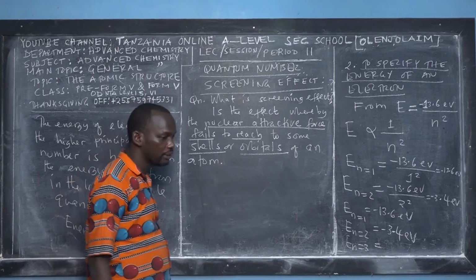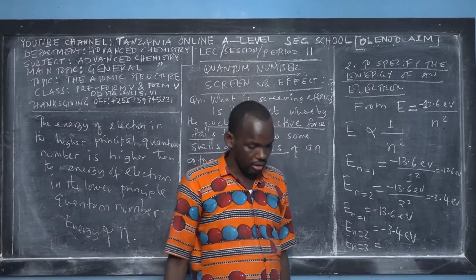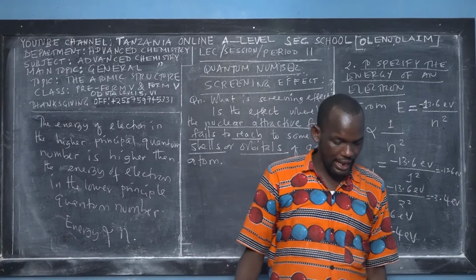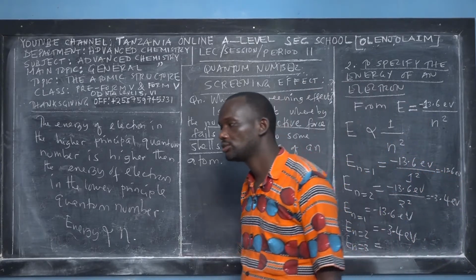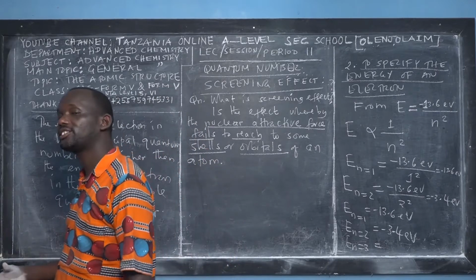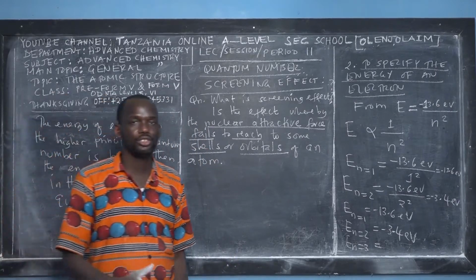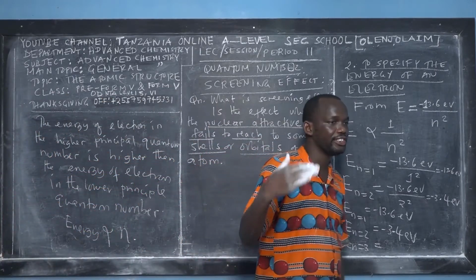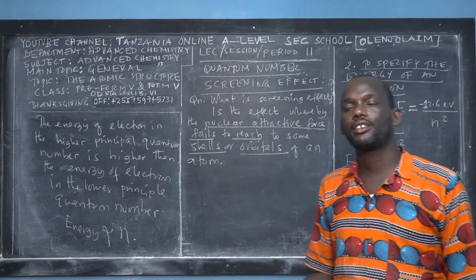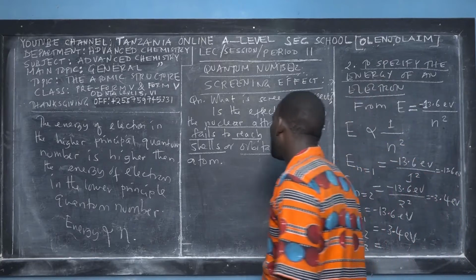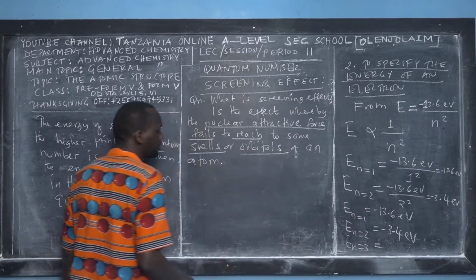So it happens when a shell has several energy levels. When the electrons are excited from the ground state to the higher energy level, to the highest energy level, then the nuclear attractive force fails to reach those electrons. Then we have screening effect.